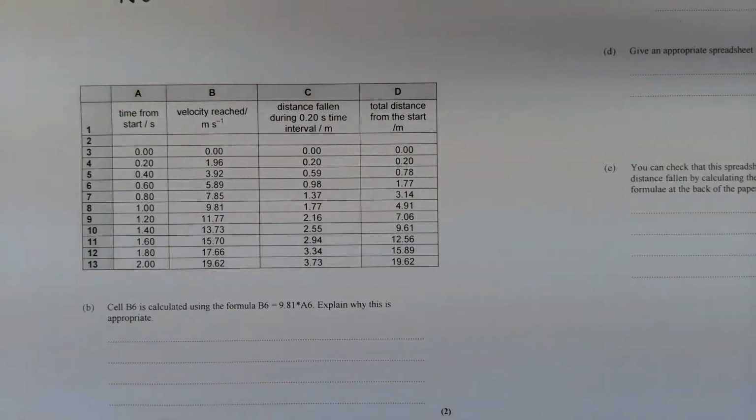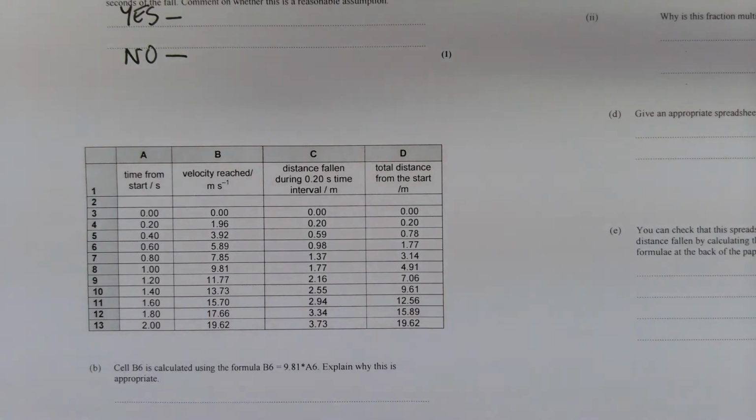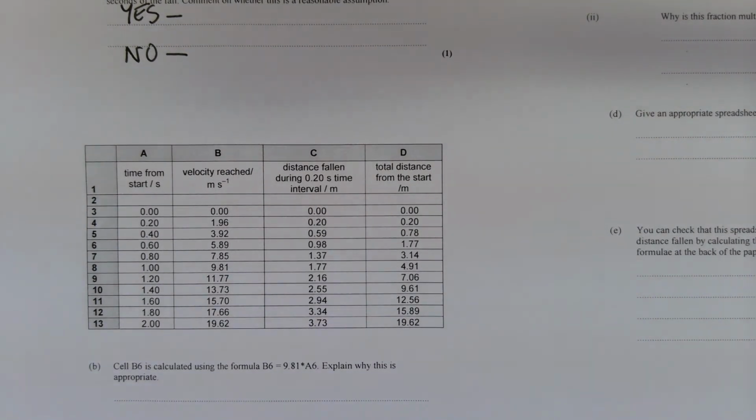Now, many of you won't have used spreadsheets very much. Generally, when they turn up in exams, they're just trying to get you to explain what's going on. So what's worth doing in this is indicating what each thing represents.